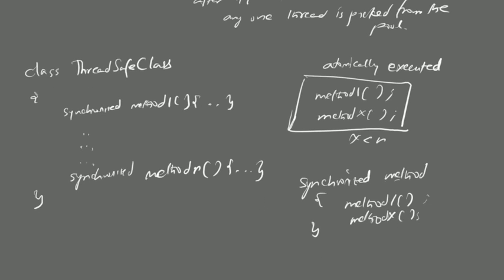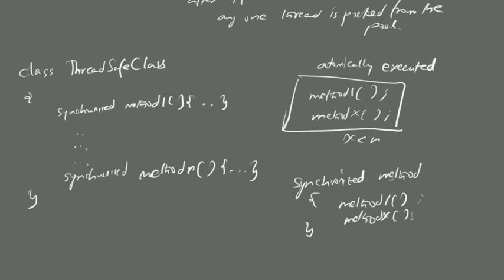There could be situations where you are using a thread safe class in which every method is synchronized, but that only guarantees atomic execution of each method of this class.